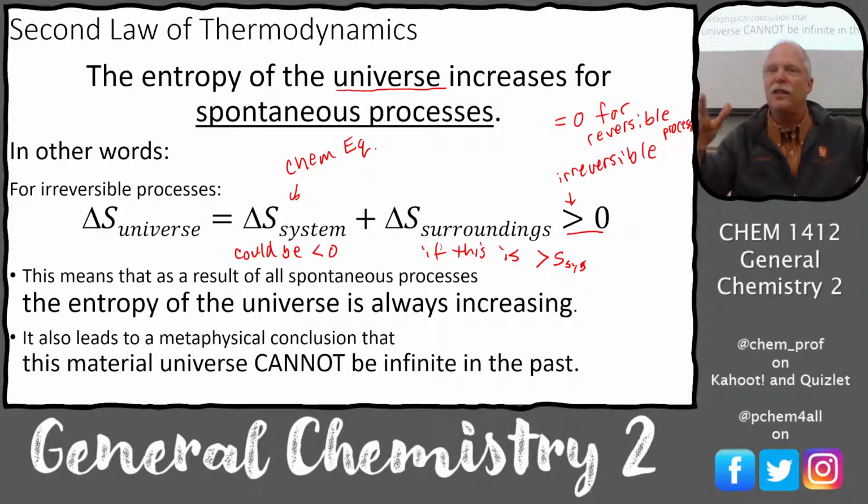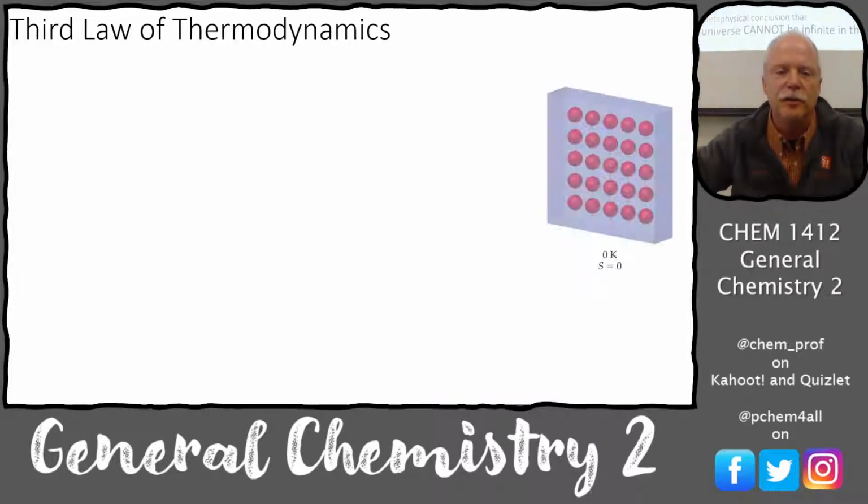If it's always increasing, then if it was an infinite time in the past, we would be at maximum entropy. We'd only be gases. Because we have planets, the stars, liquid water, and those kinds of things, those are really low entropy situations compared to maximum entropy, which would be all gas particles separated at infinite distance. So again, a metaphysical conclusion.